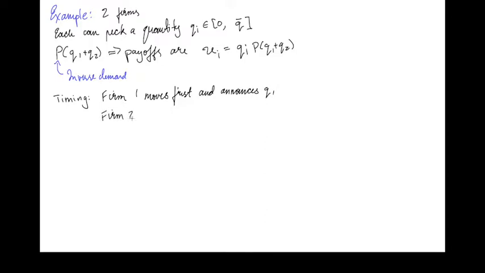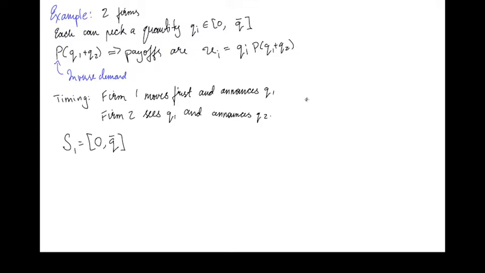Firm 2 sees Q1 and announces Q2. So firm 1 is the one to move at the initial node. What is the strategy space for firm 1? Well, firm 1 just has to pick Q1 between 0 and Q bar.